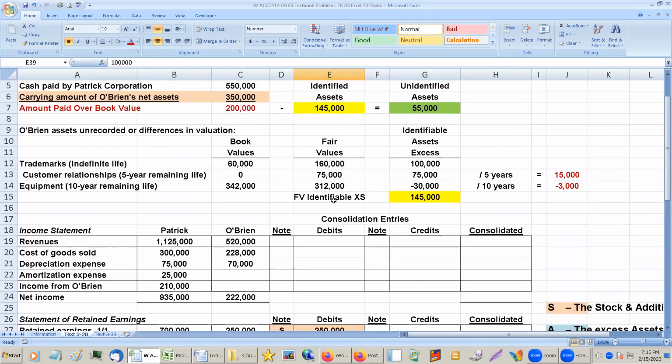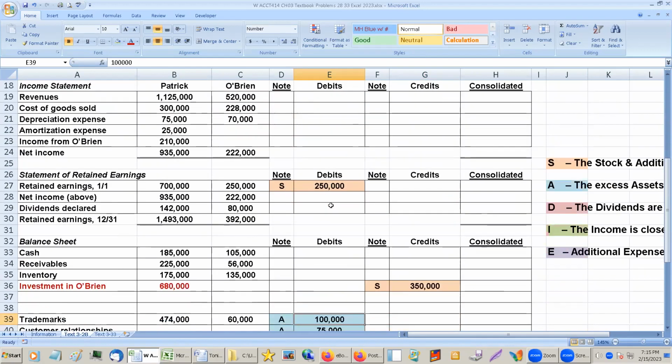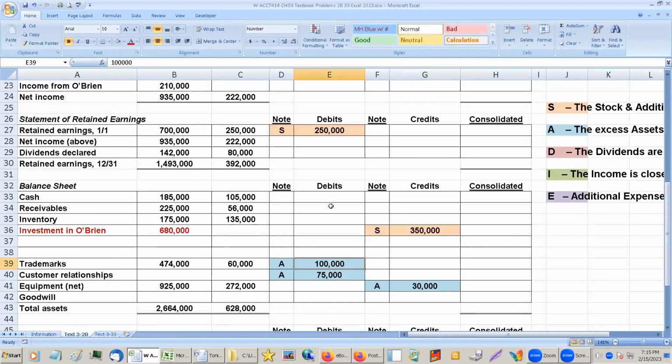Oh, and we have one more. What is it? Goodwill. Yep, goodwill. Okay, so we come over here. So we're going to add these and then subtract the 30.